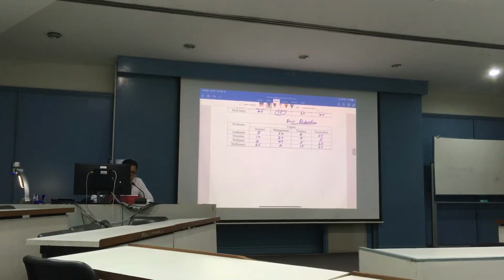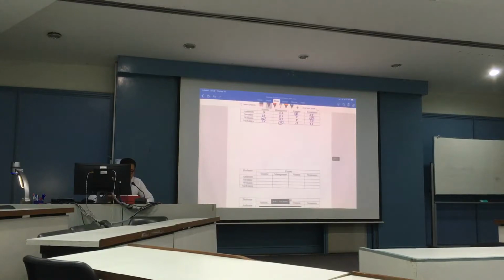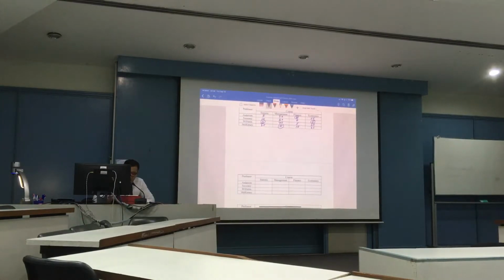And column reduction. For the first three columns, the lowest one is 0, so they stay the same. So this is the column reduction.